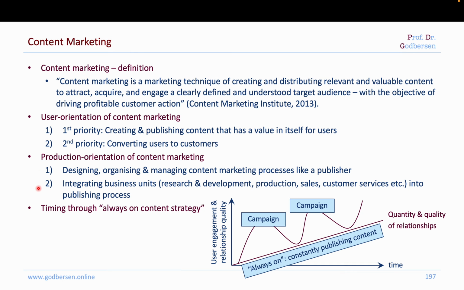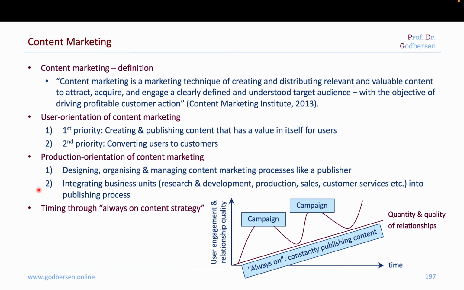You should integrate all the relevant business units into the publishing process. There might be research and development, production, sales, customer services, and so on. So it is a cross-departmental approach that you have here. That makes content marketing not something you can just have a content manager and he's writing happily ever after. There is a bit more to it if you do it right.